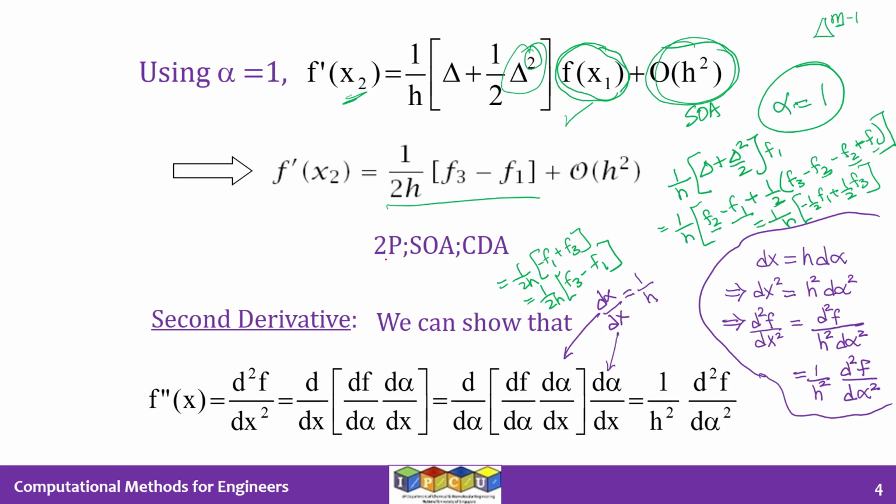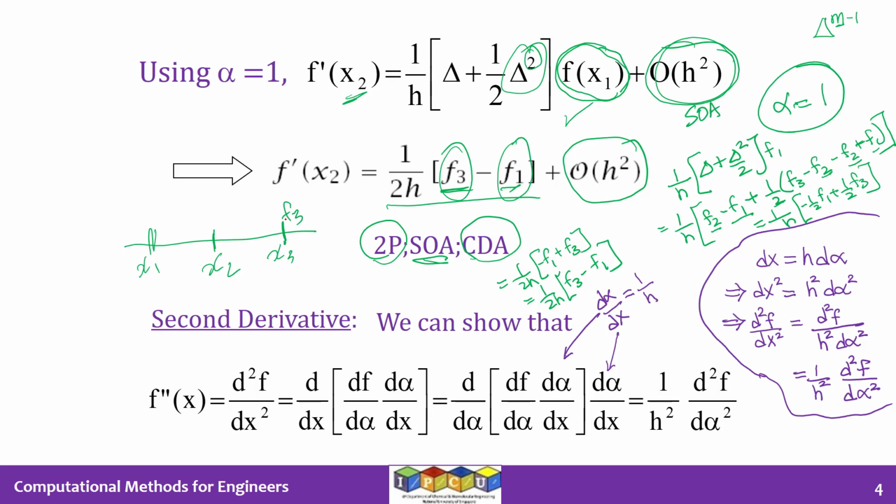So this is going to be a 2-point estimation, therefore 2p, because it involves only f3 and f1. It is second order accurate because the error term is of the order of h squared. And it is called central difference approximation, because to find out the value of the derivative at x2, you are taking the value of the function at x3 and at x1.